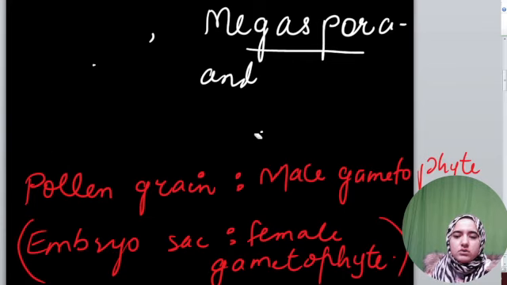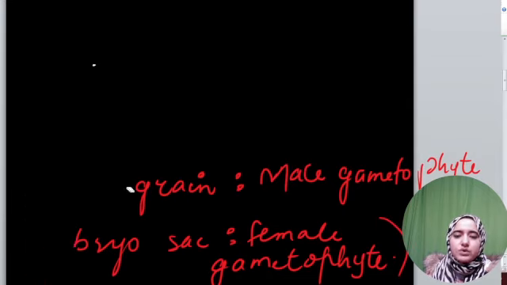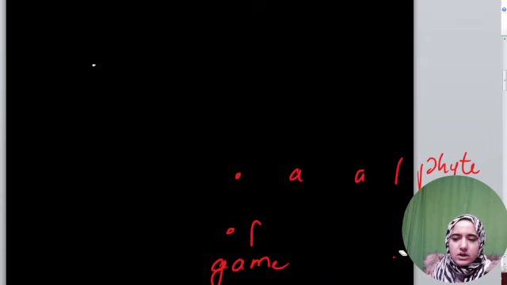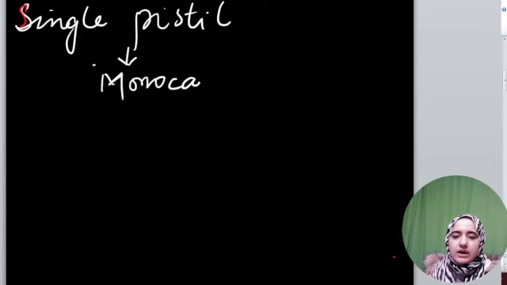Now in a flower we may have a single pistil or we may have so many pistils. A single pistil is known as monocarpellary.